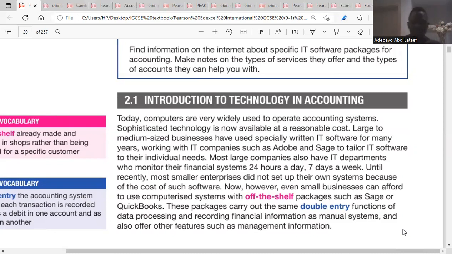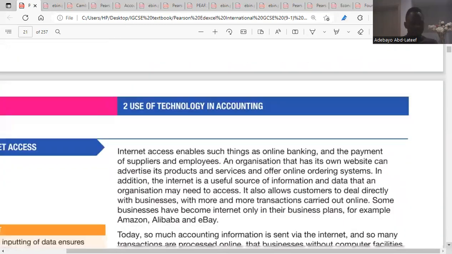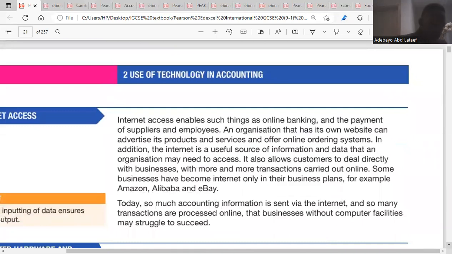Now we have to talk about what facilitates technology in accounting. The first one I wrote here is internet access. It enables the use of technology to advertise, pay employees, pay suppliers, and also allow customers to deal directly with businesses.